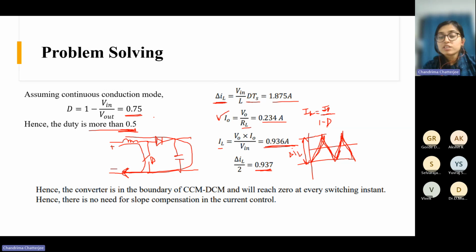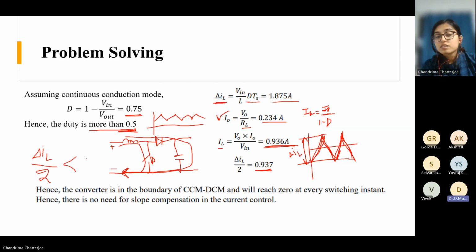Continuous conduction mode is when your current is like this. Okay. So in continuous conduction mode, your delta IL by 2 is less than IL average. Okay.